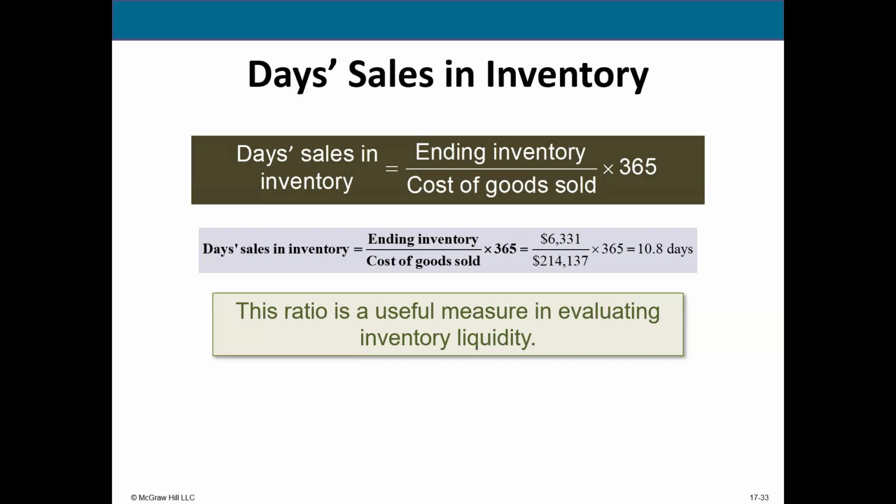We multiply that by 365 days. In the case of Apple, it's 10.8 days, which is really, really good. That's excellent in my opinion. It means that they're able to sell through their inventory every 10.8 days. It means that there's good demand for the product.